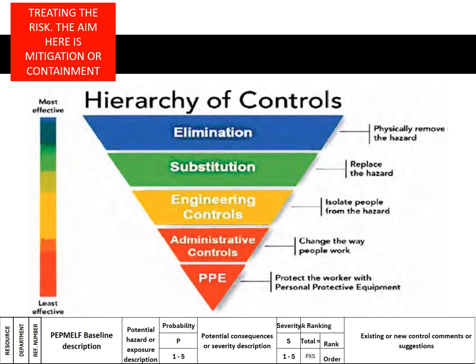Substitution is to replace the hazard. Engineering controls is to isolate people from the hazard, often using engineering controls. Administrative controls is to change the way people work. And PPE is to protect the worker with personal protective equipment. Of course, we try to mitigate and control before we issue PPE.